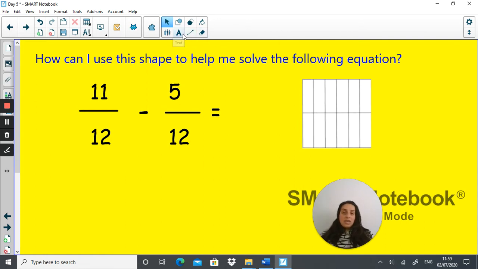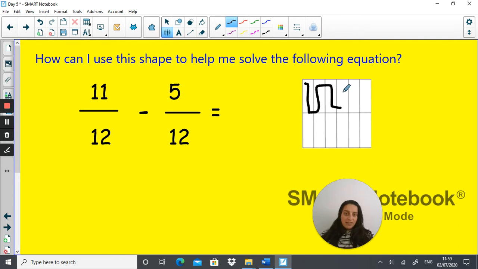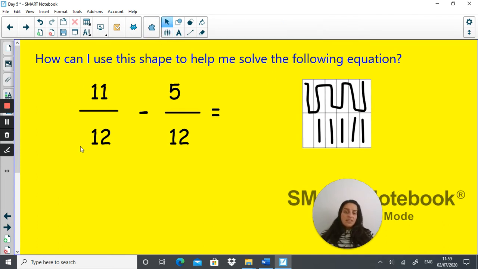A good way of using it would be, so this is 11/12 take away 5/12, if I coloured in 1, 2, 3, 4, 5, 6, 7, 8, 9, 10, 11. So this shape, the colouring in, although it's poor colouring in, represents the first number.